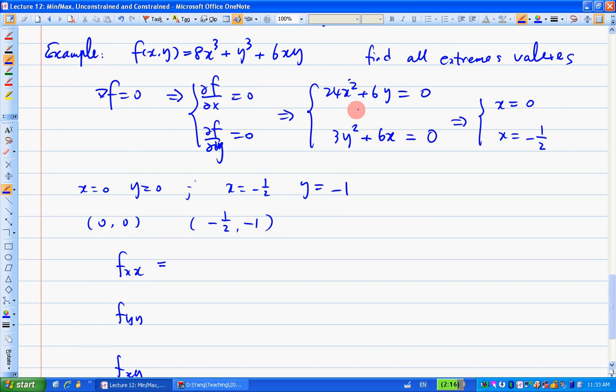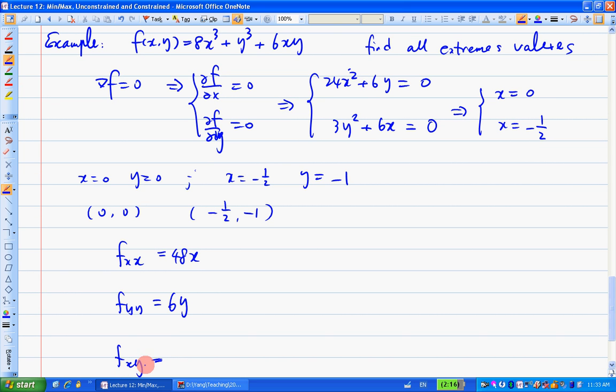Not f_x here, this is f_x, so partial that over x again. f_yy, calculate that based on here, so that'll be 6y. And f_xy can be calculated based on either one, so that'll be 6.